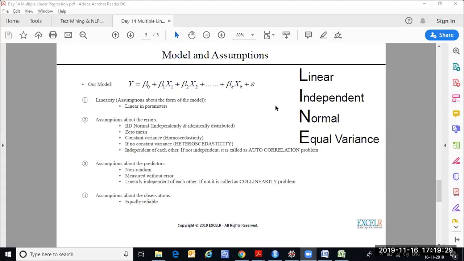Though you are predicting, or your predictions look somewhat reasonable, it is not just good enough.